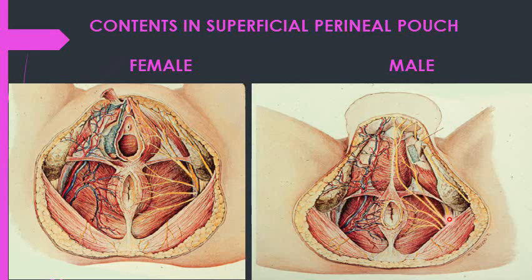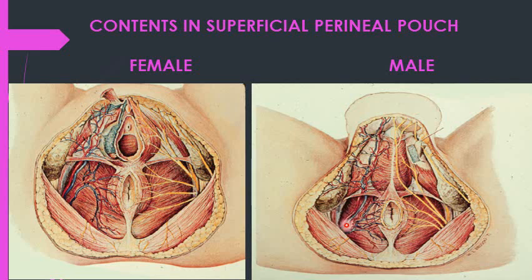In the males, this labial nerve is replaced by the scrotal nerve. So the perineal branch of the pudendal nerve in the male gives the posterior scrotal nerve reaching the scrotum, and it gives the nerve to the bulb of the penis and the muscular branches which supply the muscles present here in the superficial perineal pouch.